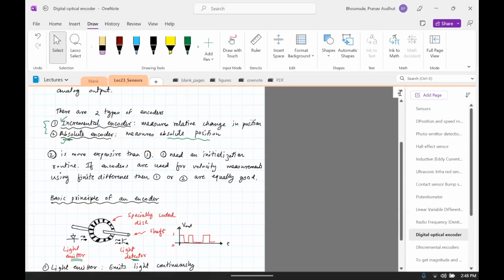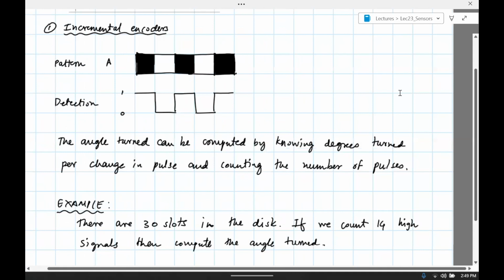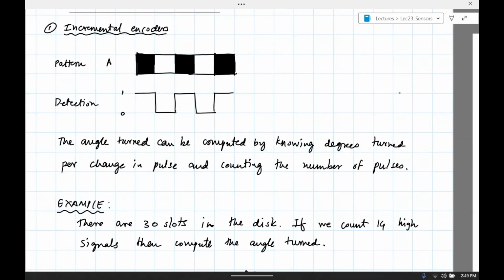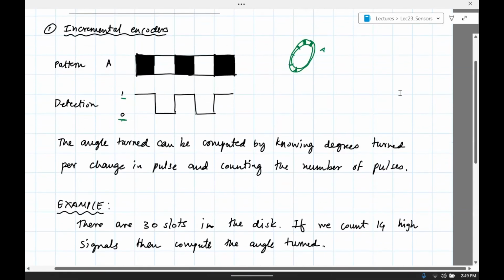Let's consider an encoder with just one disk. This is A. It has black and white lines, or transparent and opaque lines. Let's assume that there's a code, and when it is dark, it's 1. When it's white, it's 0. Now, what is done here is it has a certain number of slots.